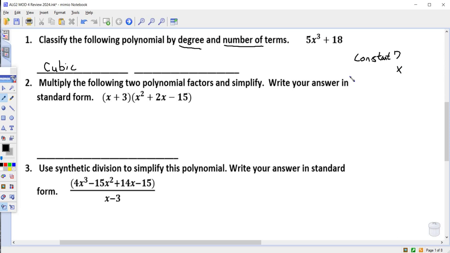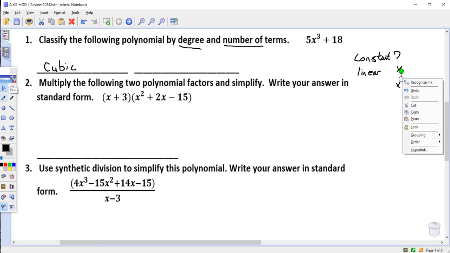If we have just x, that is a linear polynomial, and x squared would be a quadratic.